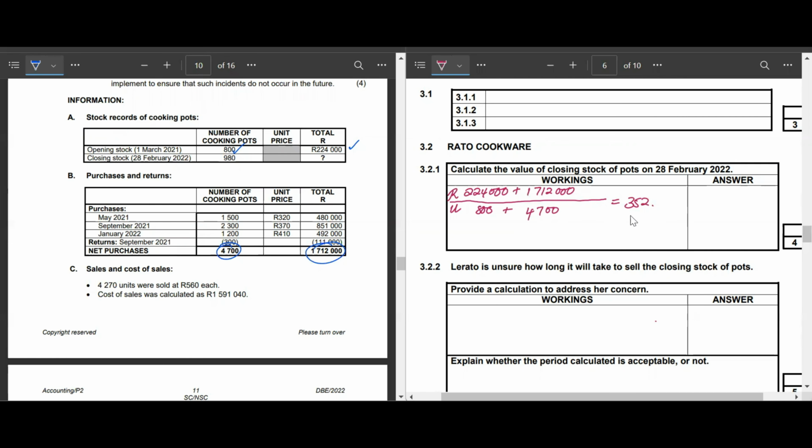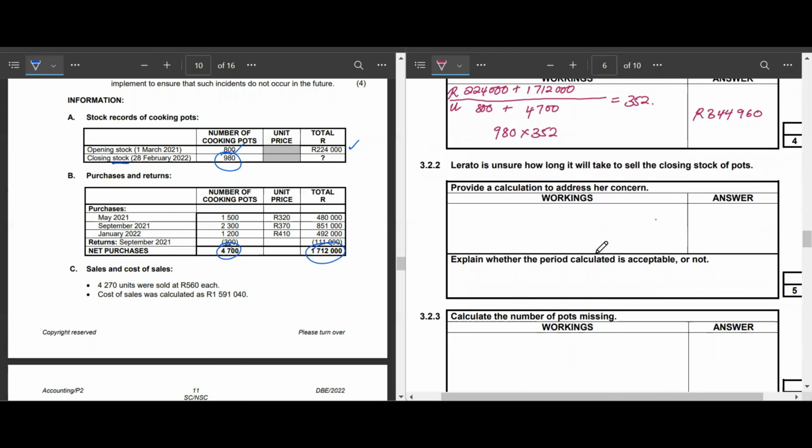Once you have your average price, you multiply that by the number of units in the closing stock. So you have 980 units, and you multiply that by 352. That gives you 344,960. That becomes the value of closing stock using the weighted average method.